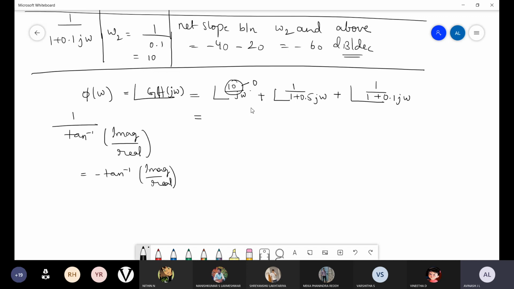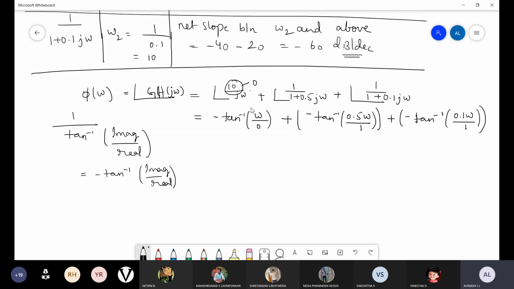So here it is minus tan inverse of, imaginary is omega, real part is 0. Once again, plus minus tan inverse of 0.5 omega divided by 1, plus minus tan inverse of 0.1 omega divided by 1.